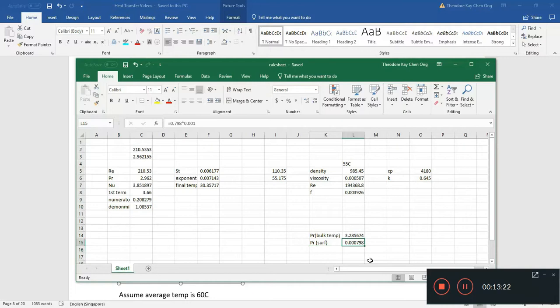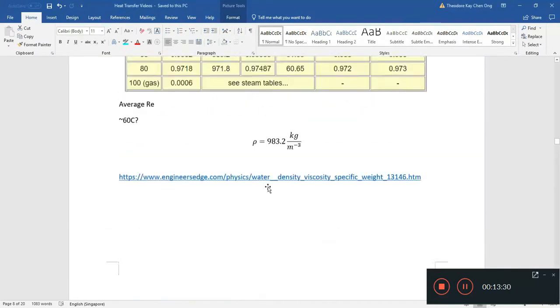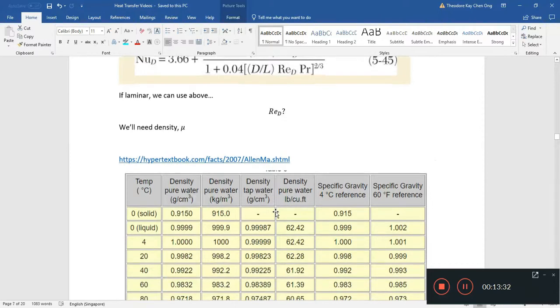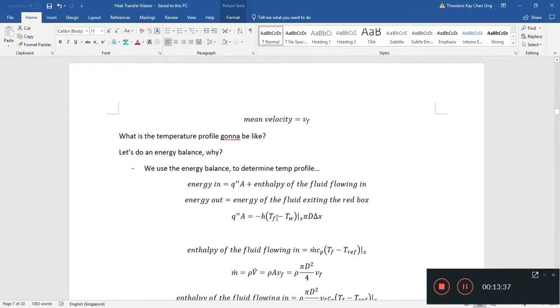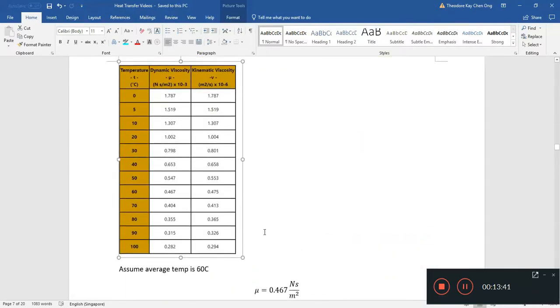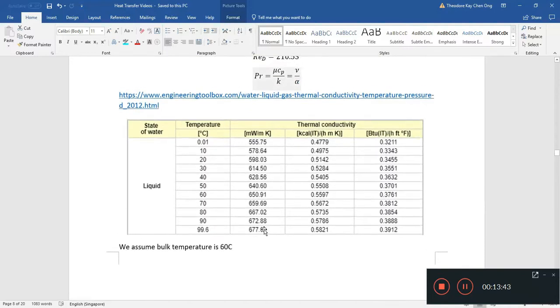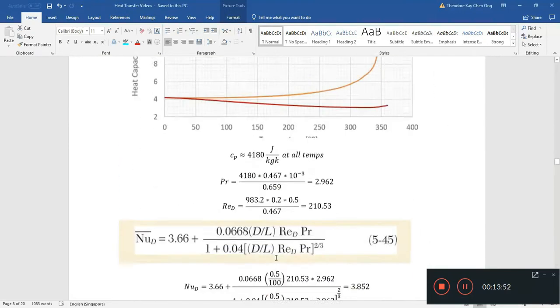That's mu. Where is Cp? 4180. Divide by thermal conductivity at 30 degrees C. Where's thermal conductivity? There you go, 0.6145. So 5.428.